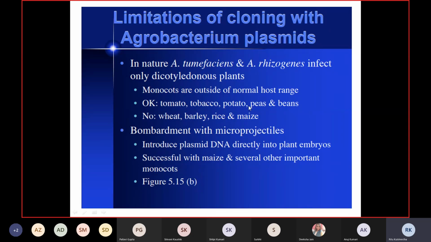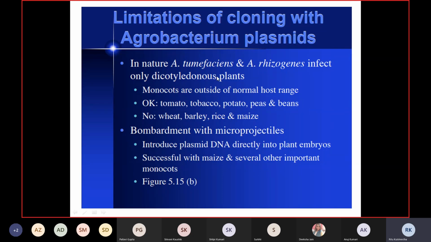But now I know that in many labs which are making wheat, rice, maize, etc., they don't use particle bombardment, but are now using Agrobacterium tumefaciens because changes have been made, likely in the host specificity region, by which A. tumefaciens can also infect these monocot plants.